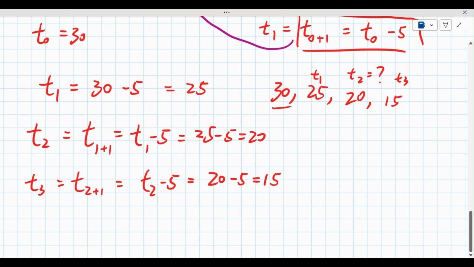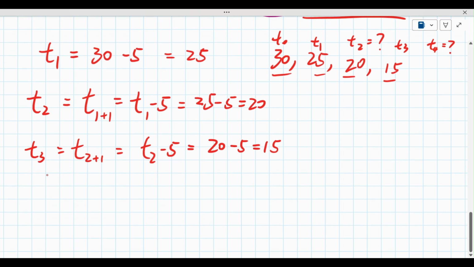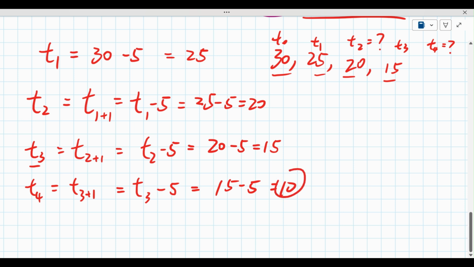And now we have 4 terms: 1, 2, 3, 4. This is T0. So now we need to know T4, which gives our first 5 terms. We know T3 equals 15, so T4 equals T3 minus 5, that equals 15 minus 5, which equals 10.